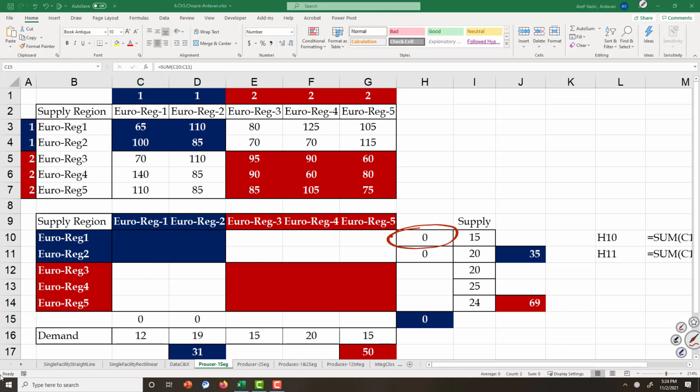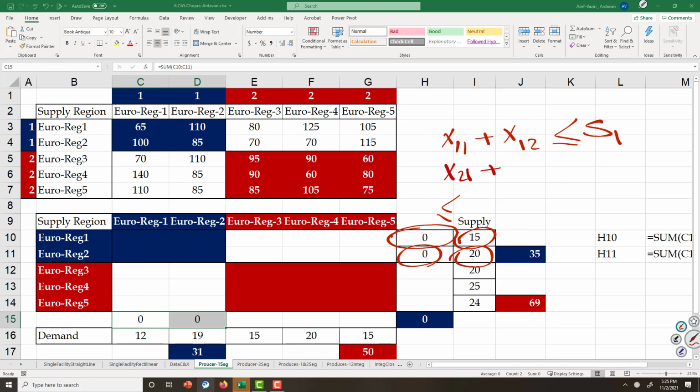This one, what has been sent out from origin 1, should be less than or equal to the capacity of origin 1. And this one, what has been sent out from origin 2, should be less than or equal to capacity. X11 plus X12 should be less than or equal to S1, and X21 plus X22 should be less than or equal to S2.